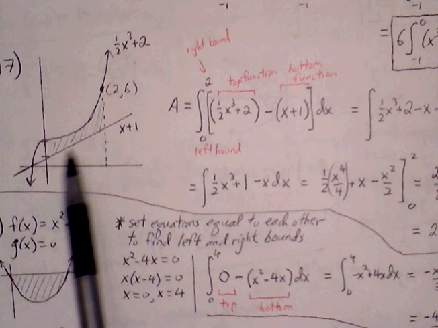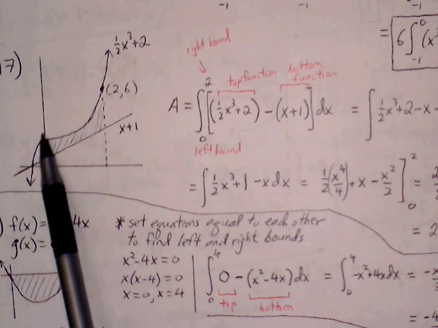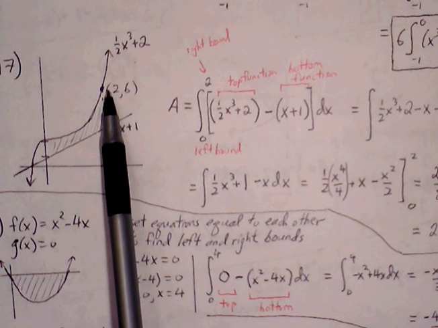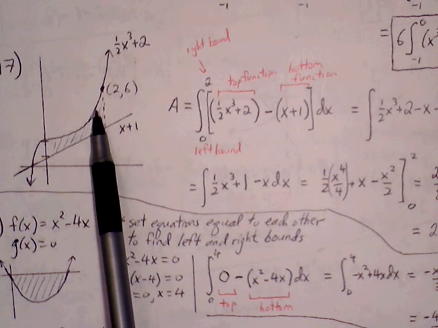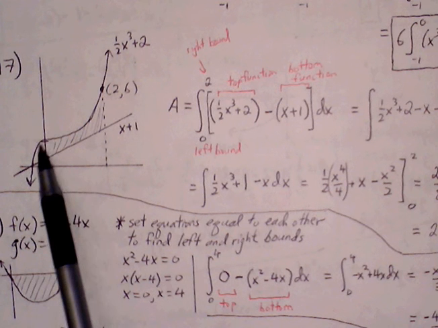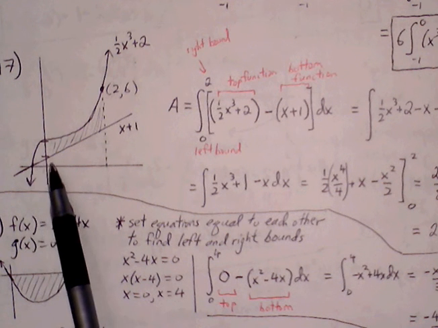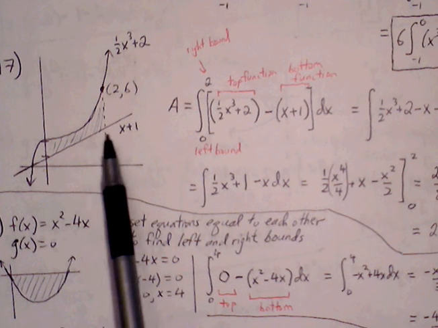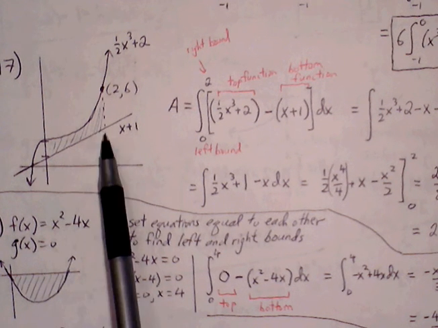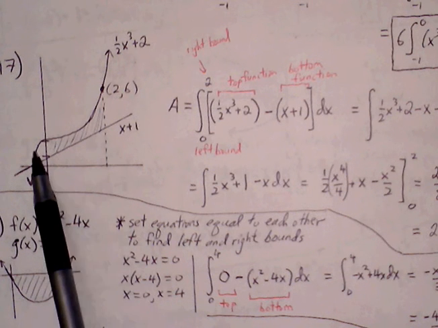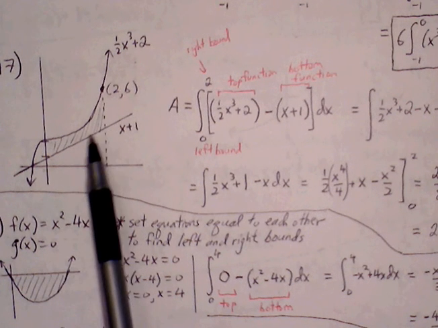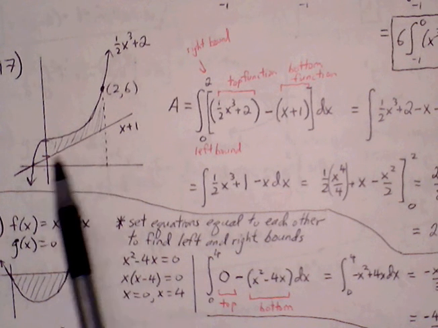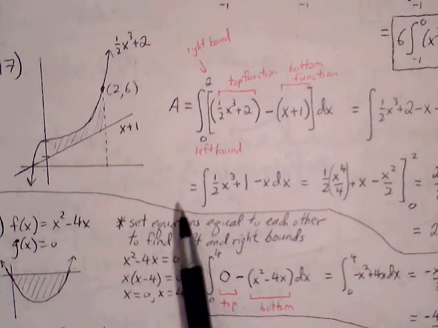Now, if we graph these two equations, we're going to see that this 1/2 x cubed plus 2 is consistently the top function in the interval, always higher, always above this x plus 1. So we can do top curve minus bottom curve because we see consistency from our left bound to our right bound. This is always the top, and we have one consistent bottom curve.